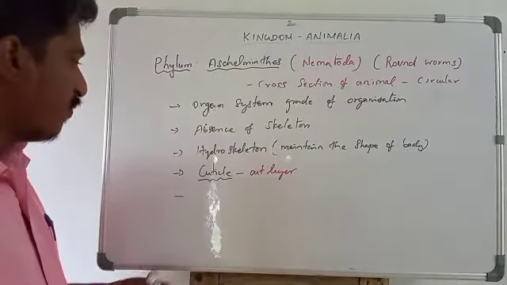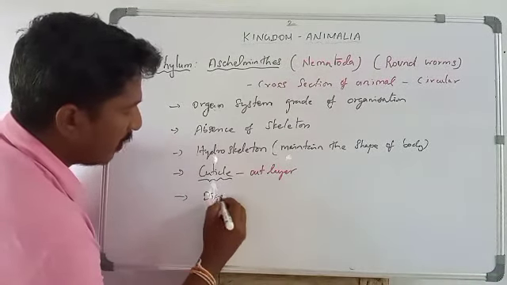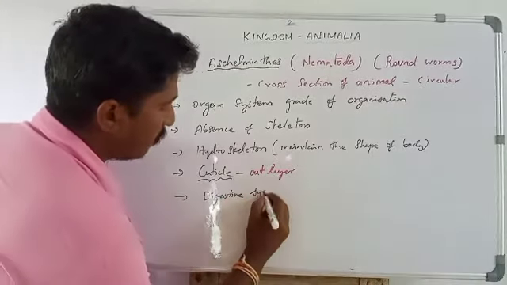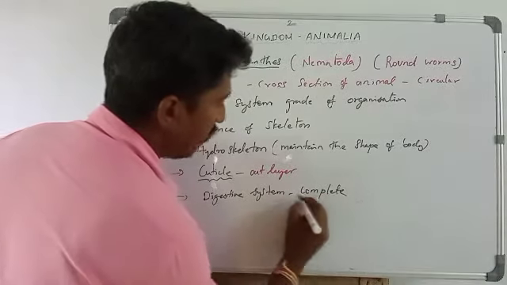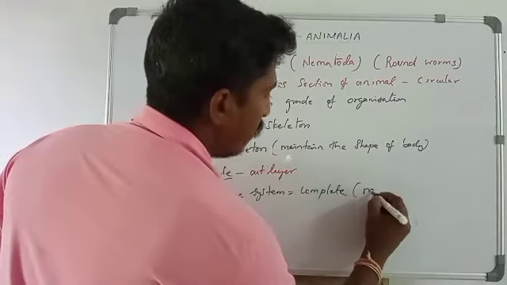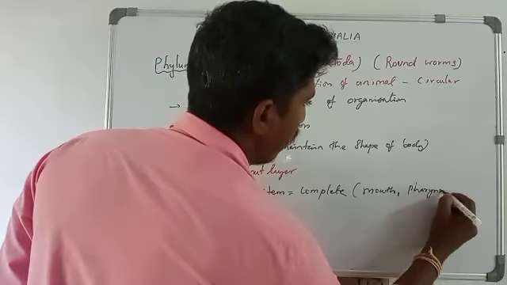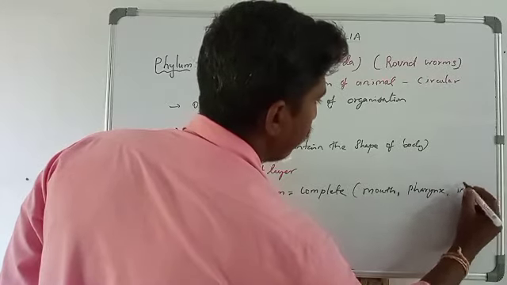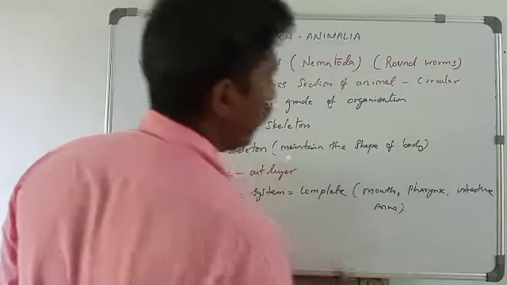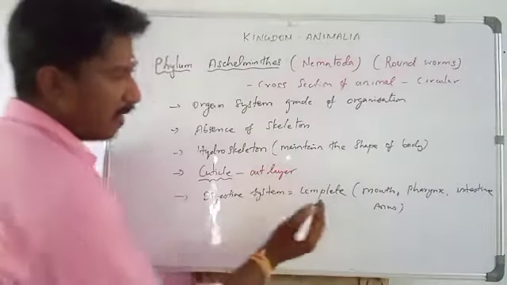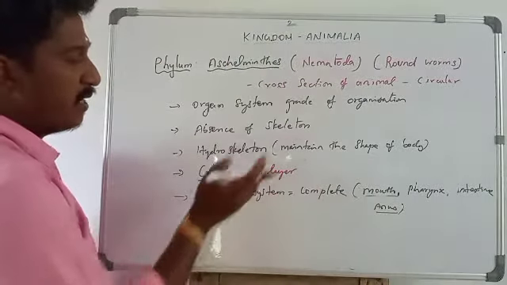Now, the digestive system. The digestive system of the animal is complete, because they have a mouth, muscular pharynx, intestine, and anus. Because they have a mouth and also an anus, two openings, it is called a complete digestive system.